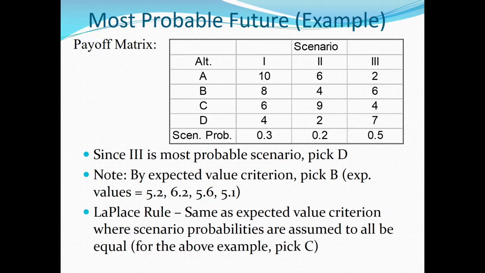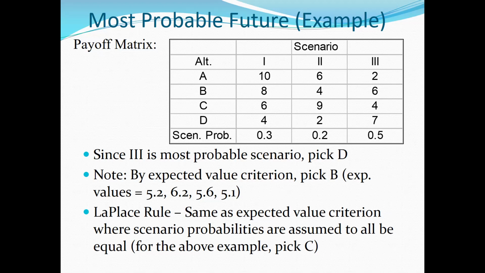Alternatives are along the rows A, B, C, and D, and the three columns are scenarios 1, 2, and 3. Remember, alternatives are what you can pick. Scenarios are something that happens. So scenarios have the probability, not alternatives.